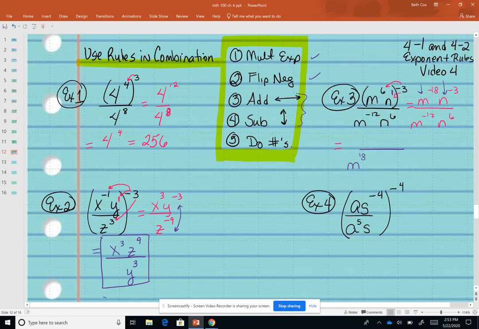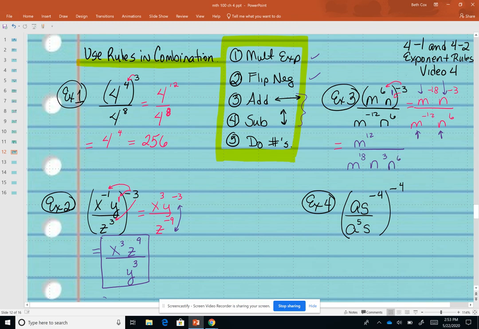This one is also negative, so it's going to go to the bottom, and that 3 becomes positive. This one is negative, so it's going to flip to the top and become positive. And last but not least, the n to the 6 is positive, so it stays where it is. That means it stays on the bottom.